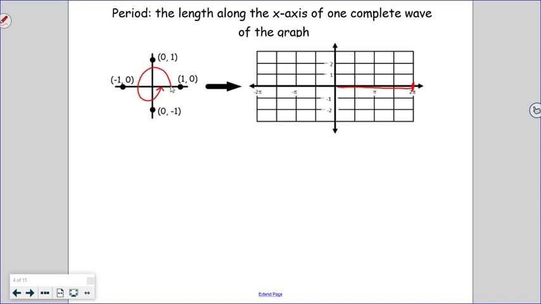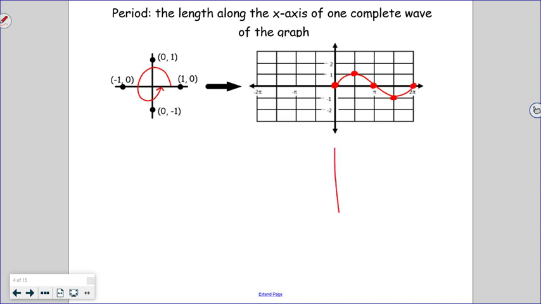And as you can see at the top, the length it takes us to complete one wave of the graph. For a sine curve, what does one period or one wave of our graph look like? It starts at our midline, it goes up to a maximum, goes back to 0, to a minimum, and back to 0. That's what has to happen to complete one full sine curve.